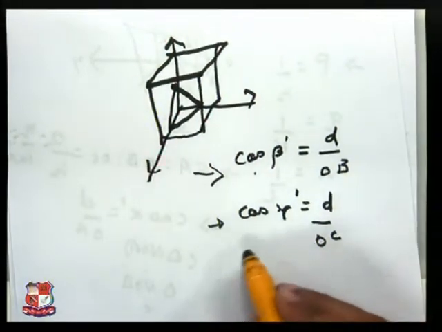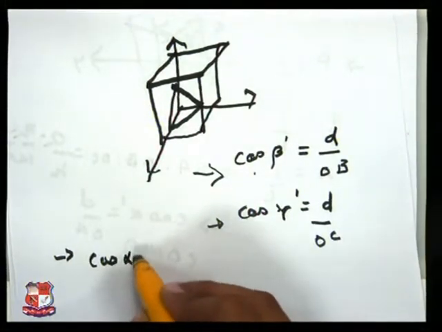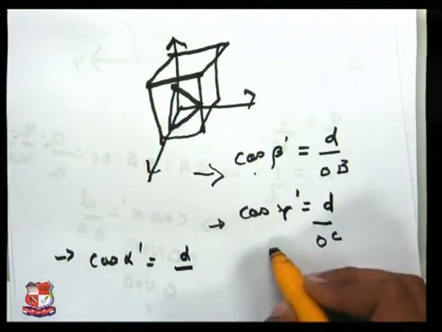Now accordingly, we know that cos alpha dash is equal to d upon OA.